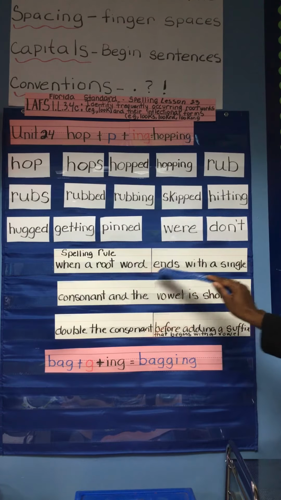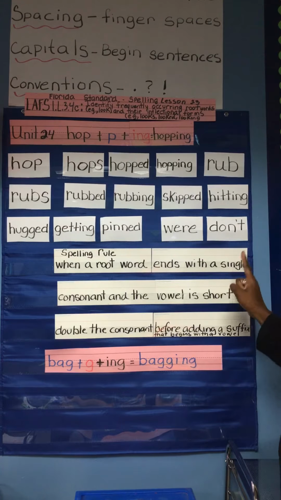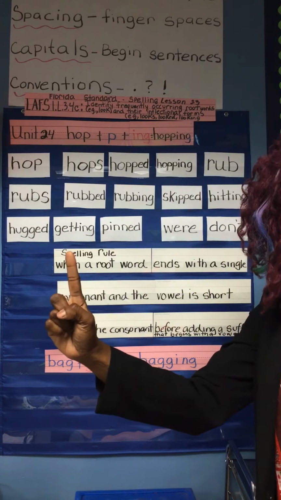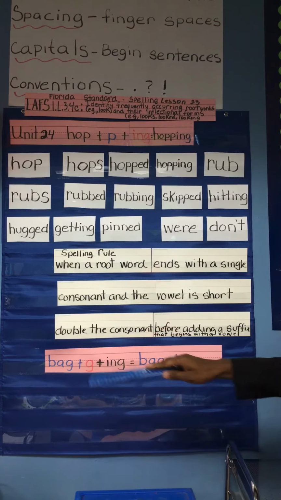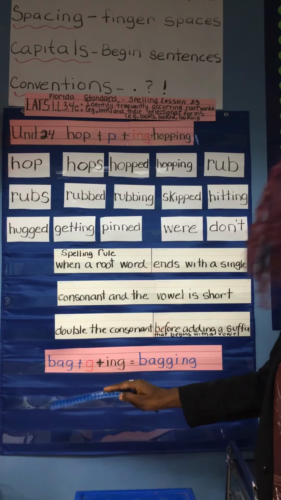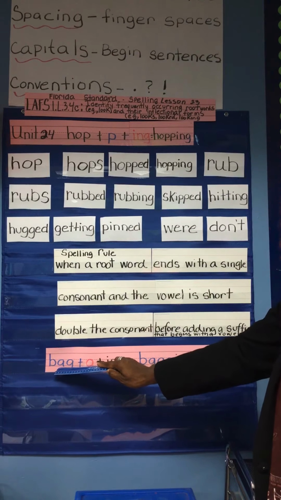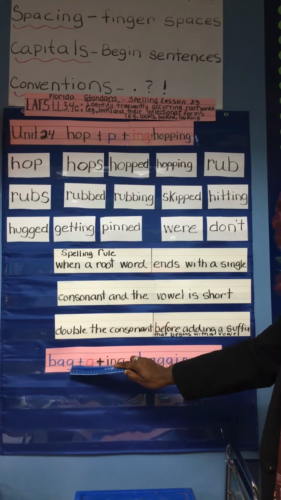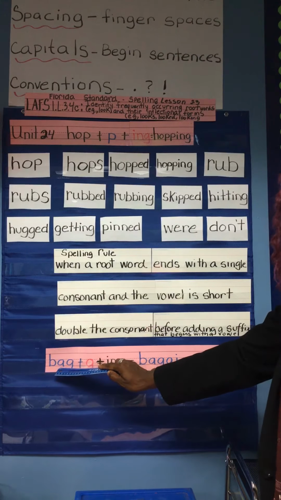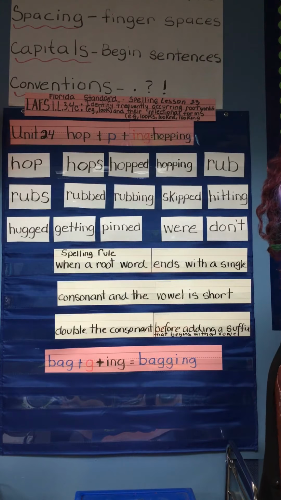Let's take a look. Well, it ends with a single consonant. Single, remember, single means one. Uno. Okay? In français. Okay? Bag. So it has a single consonant and the vowel is short. B, a, g. Bag.